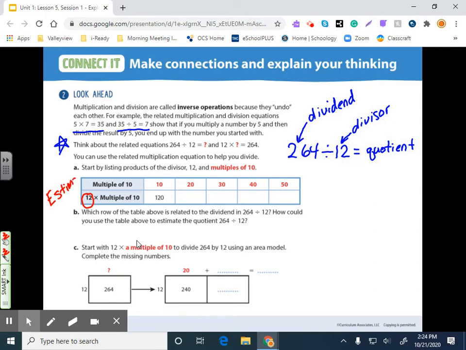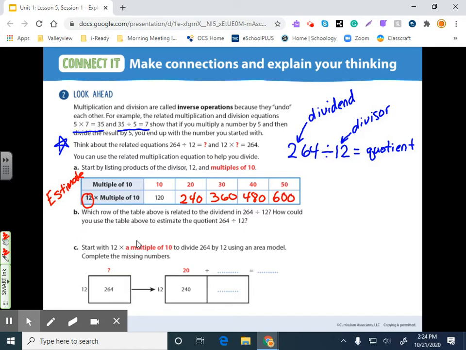And again, tomorrow's lesson is all about estimating. But if we have a multiple of 10, 10 times 12 is 120, 20 times 12 is 240, 30 times 12 is 360, 40 times 12 is 480, and 50 times 12 is 600.